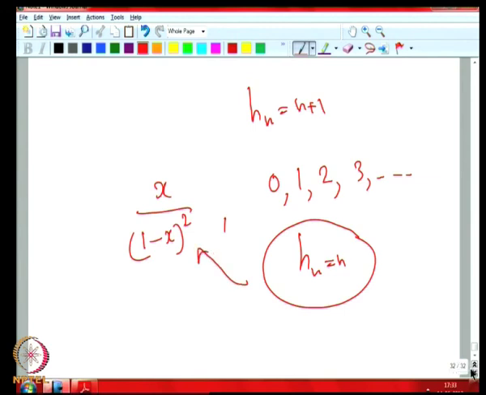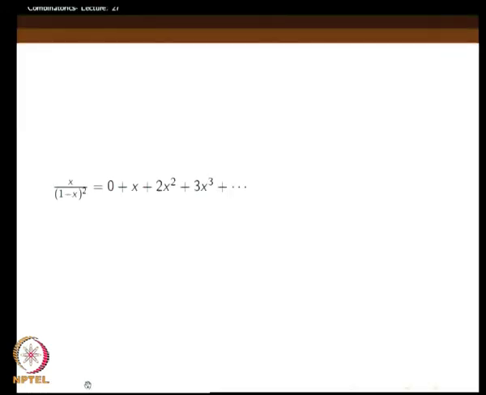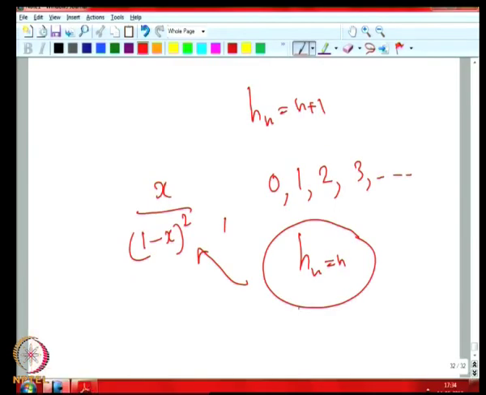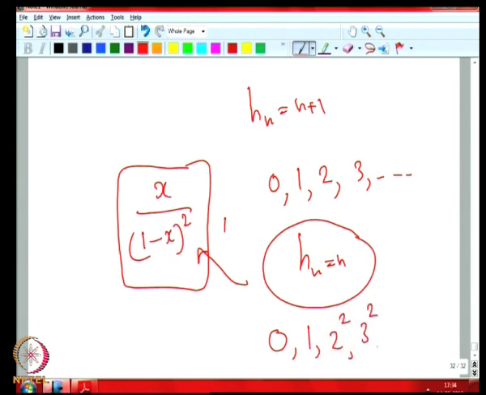Before getting into the next one, it is a good exercise to try to find the generating function for the sequence 0, 1, 2 square, 3 square, 4 square, 5 square and so on.